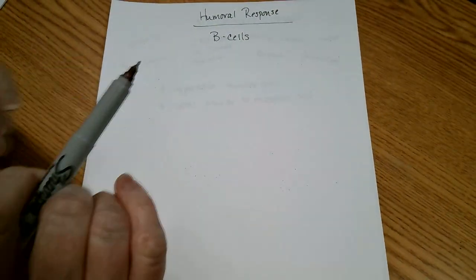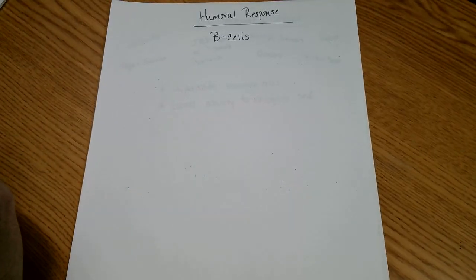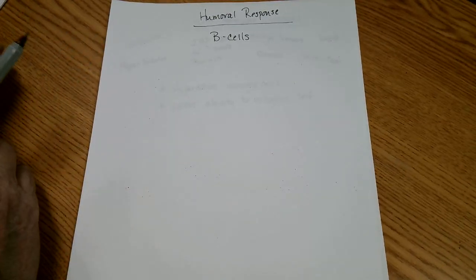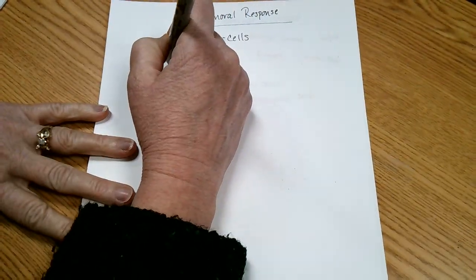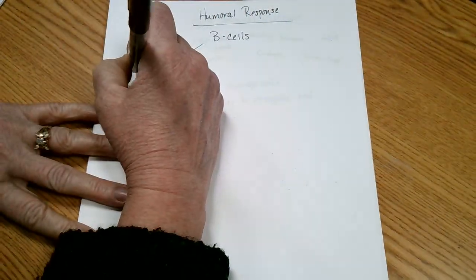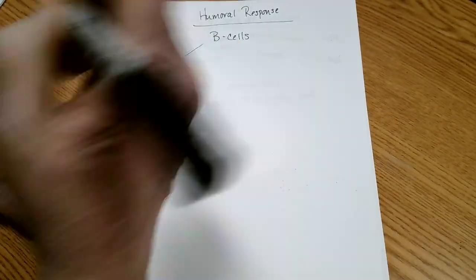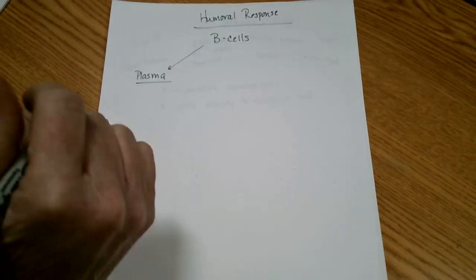So now, again, we're in the specific immune response. That's that third line of defense. But we're not talking about the cellular response this time. We're talking about the humoral response. And when it comes to B cells, there's basically three types that we want to mention. First, there's the plasma B cells. Those are the ones that are actually going to be making antibodies.